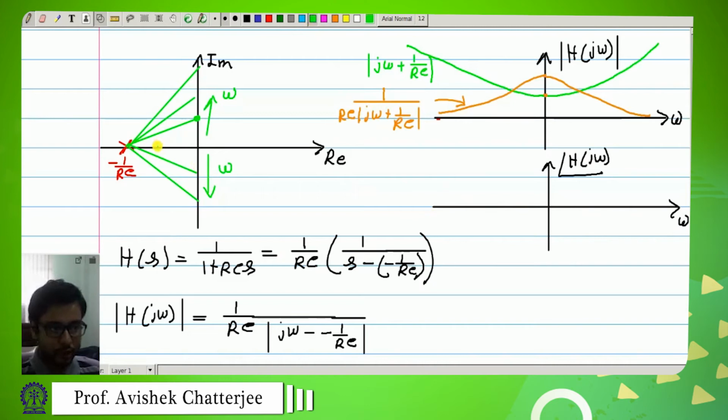So phase response will be governed by these angles, this one or this one or this one, and you see that as omega increases, this angle increases. In the extreme case, it will be 90 degree. So that plot will be something like this. It starts from 0 here and then goes to 90 degree, and in the other side it starts from 0 and goes to minus 90 degree.